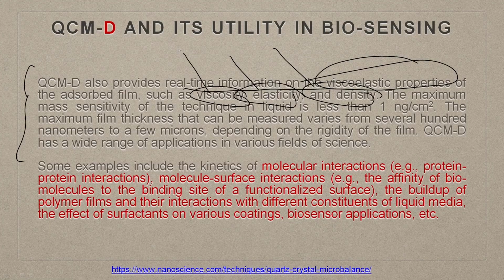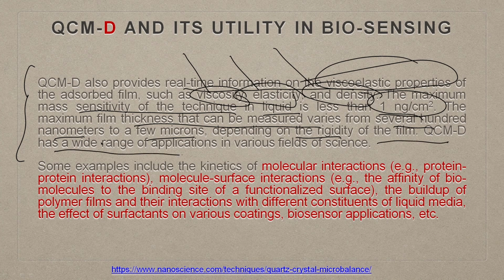The maximum mass sensitivity of the technique in liquid is less than 1 nanogram per centimeter square, which is a unique thing. 1 nanogram per centimeter square is no easy feat. The maximum film thickness that can be measured varies from several to 100 nanometers to a few microns, depending on the rigidity of the film.